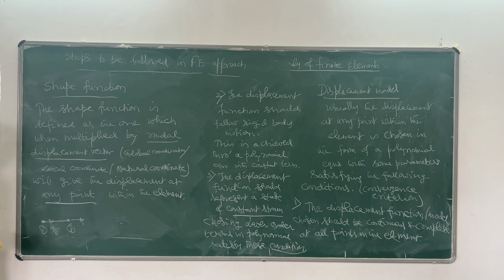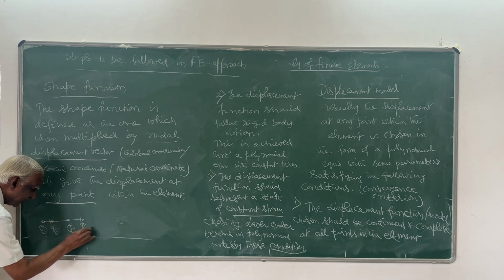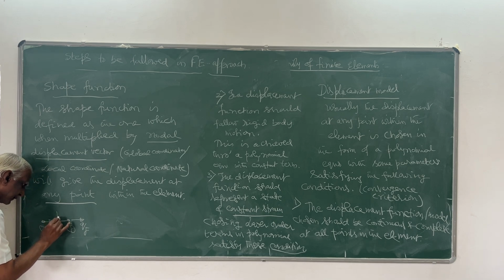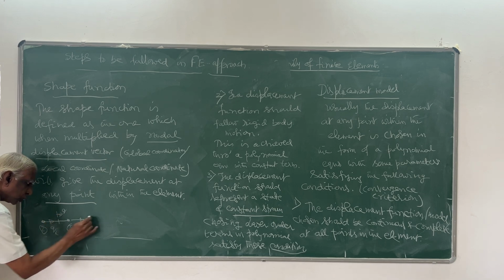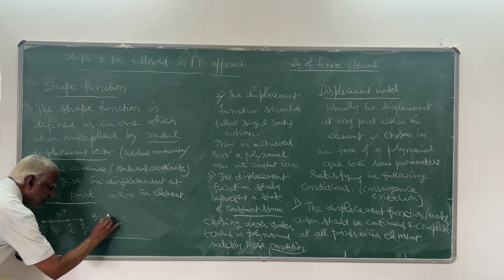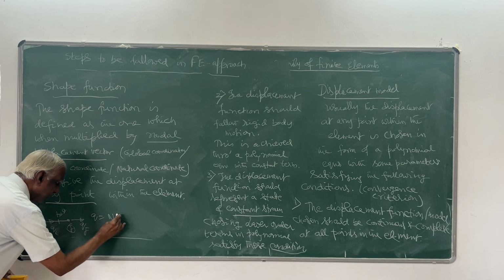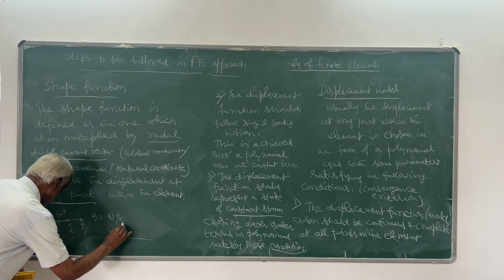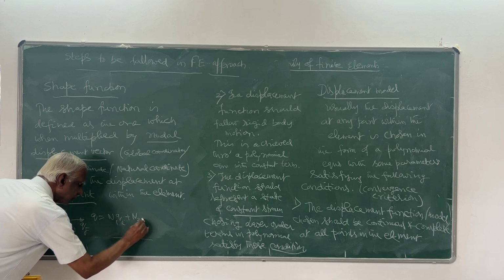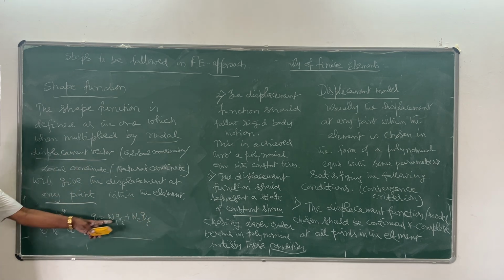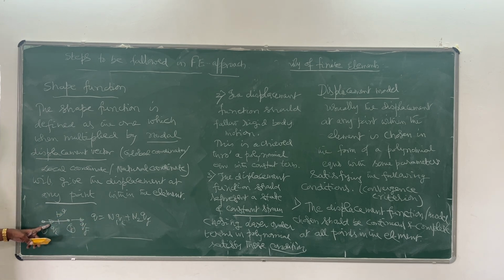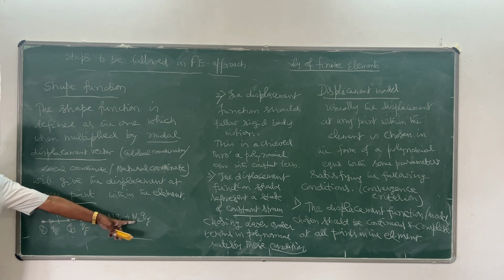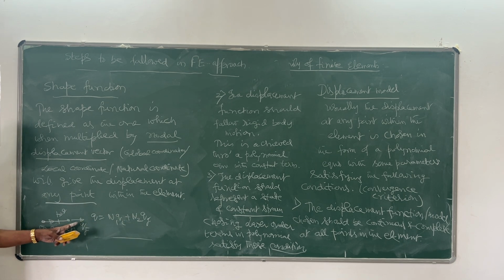Suppose here it is Qi, this is Qj, then the displacement at any point Q is equal to N1 Qi plus N2 Qj. Some function into nodal displacement i, some other function into nodal displacement j, will give you the displacement at any point.